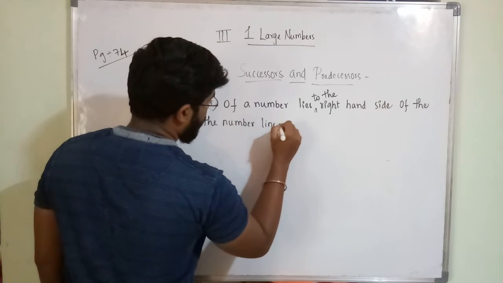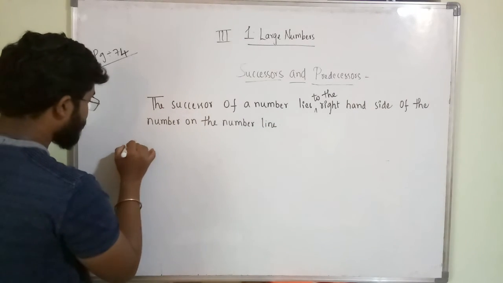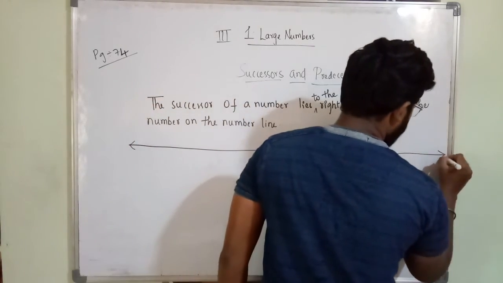So I am representing the numbers on the number line. Okay, so see here. This is a number line.